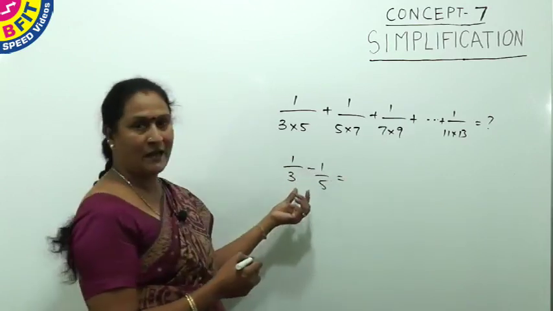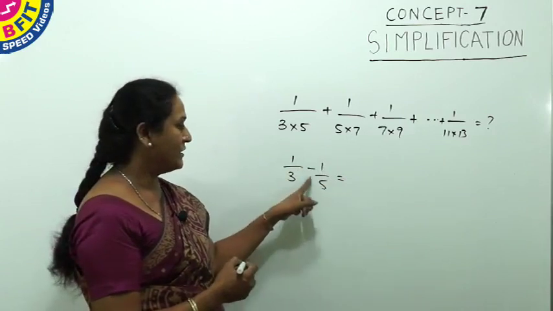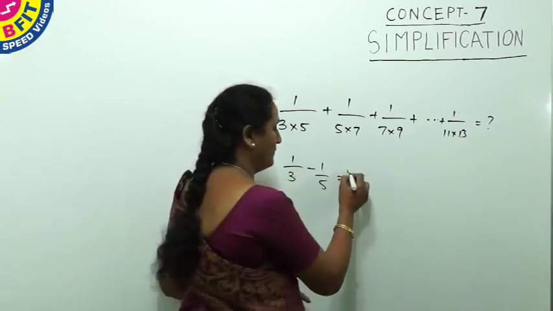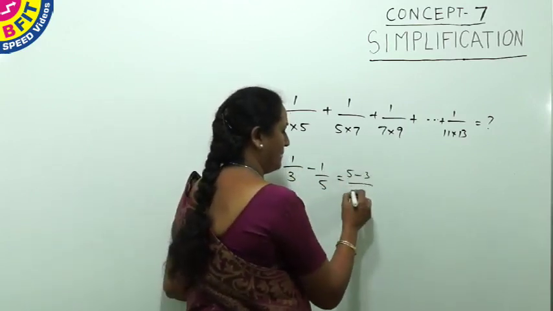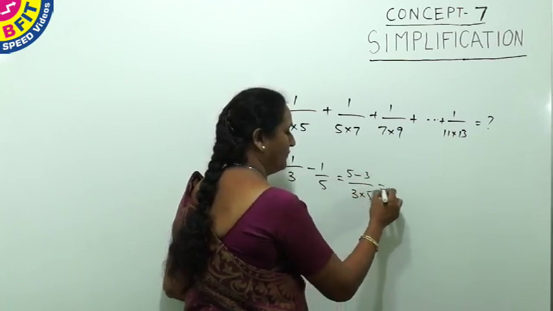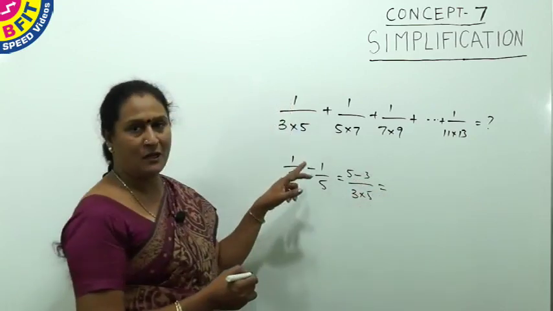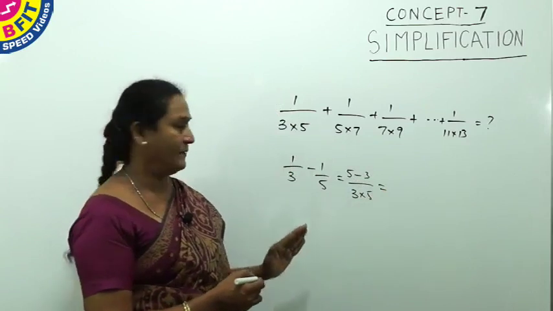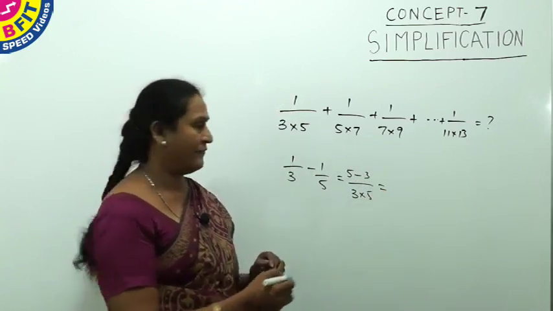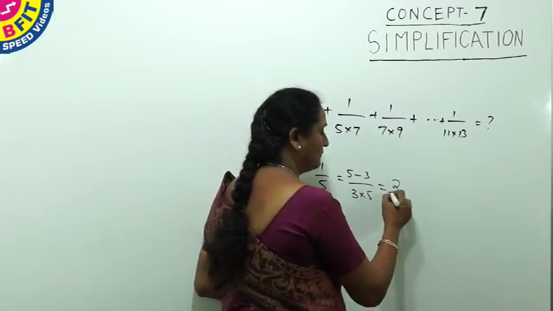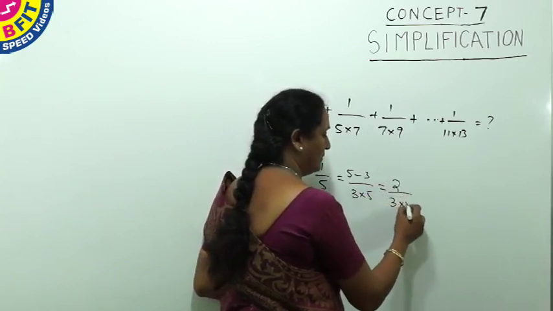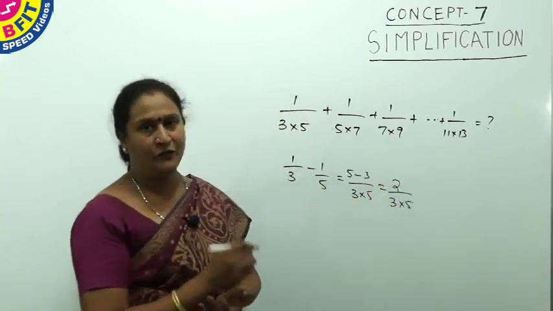When we subtract these two fractions, it is 5 minus 3 by 3 into 5, and we will get 2 by 3 into 5.